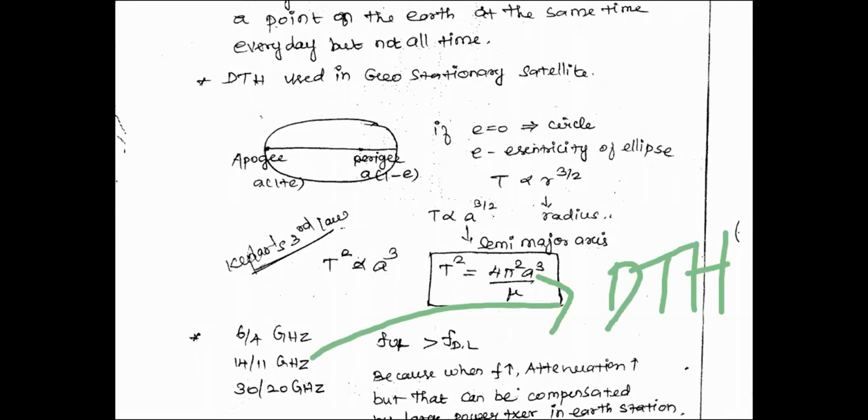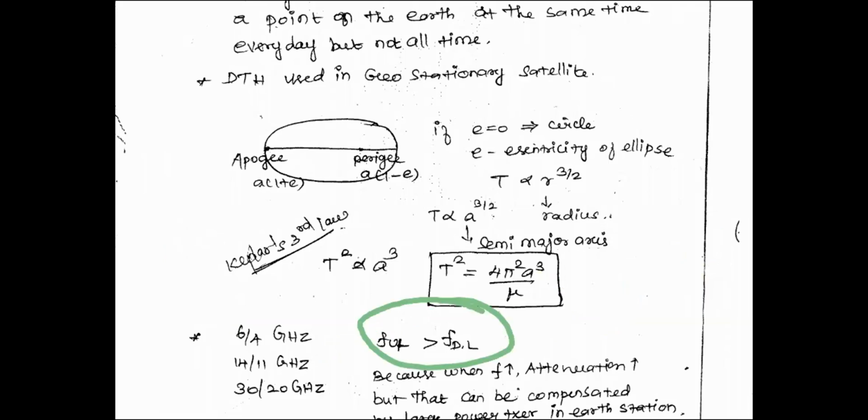For all other satellite operations, they use 6/4 gigahertz. There are some reasons why 14/11 gigahertz is assigned to DTH and 6/4 to other operations. Always be careful that the uplink frequency is greater than the downlink frequency.